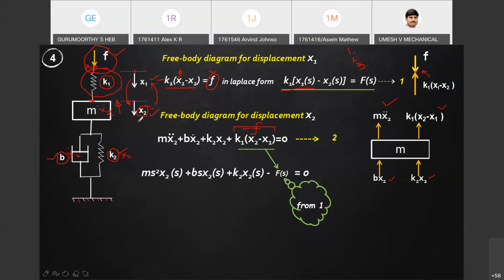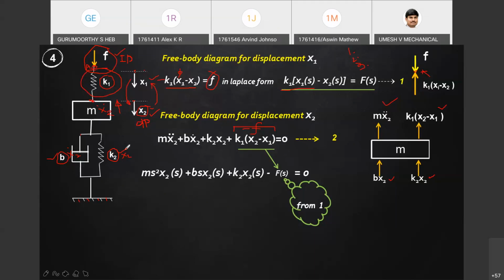So normally consider the one away from the input as the output, X2 of s, divided by F of s.